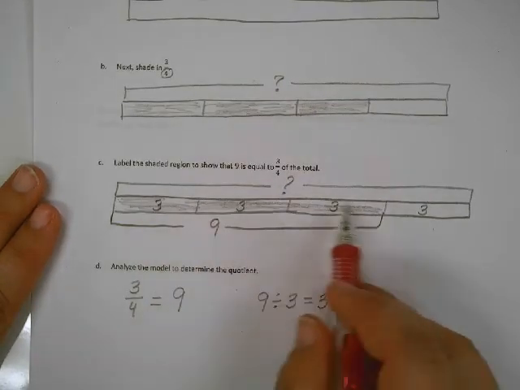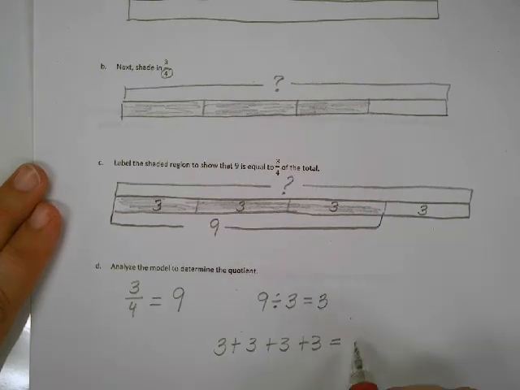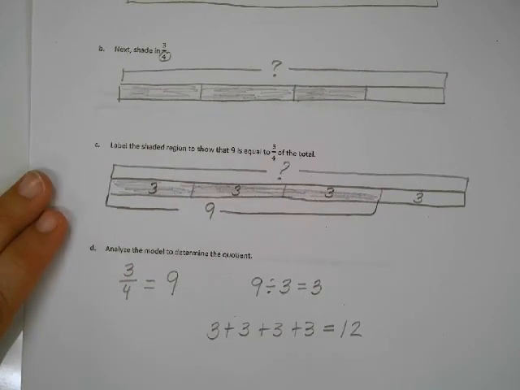So next it says analyze the model. So I know 3/4 is equal to 9. So that means what I'm going to actually do is divide that 9 divided by, I have 3 pieces, which gives me 3. And that tells me that each one of these rectangles is equal to 3. So since I have 4 3s, 3 plus 3 plus 3 plus 3, I know that 4 3s give me the answer of 12. So then I can finally answer my original question of how many cups total does she have.